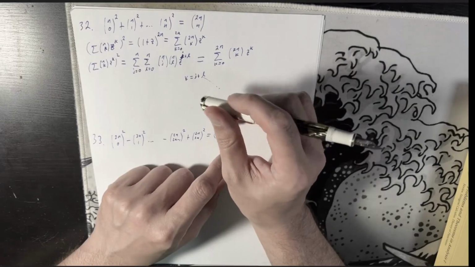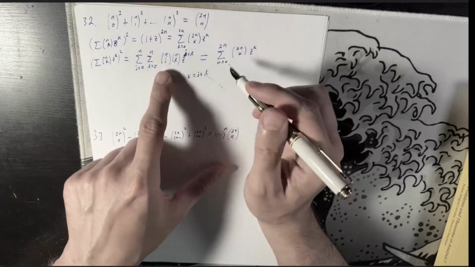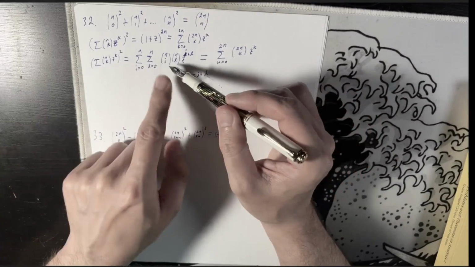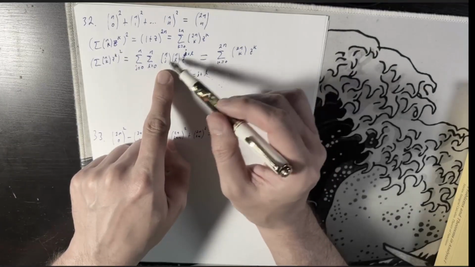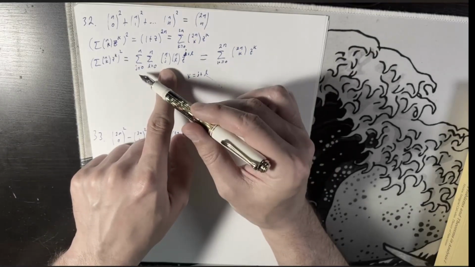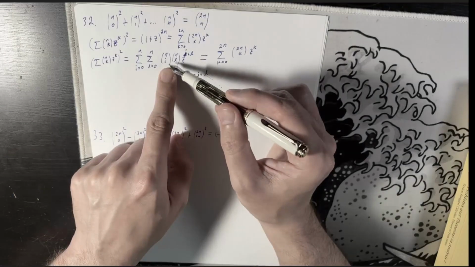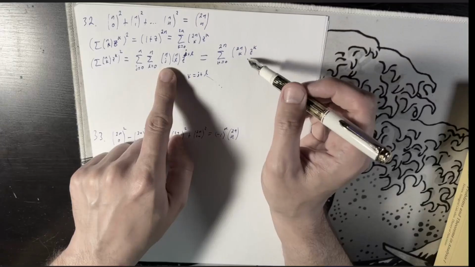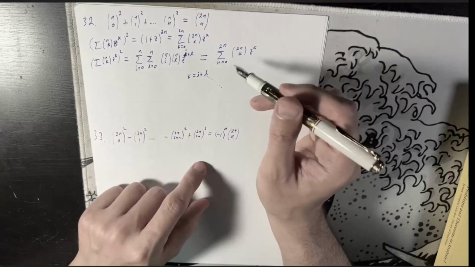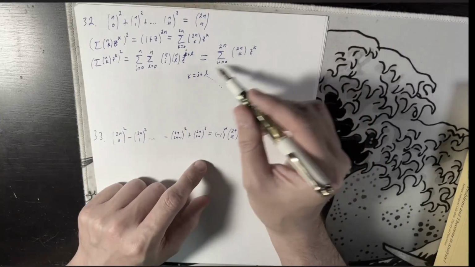yeah, this kind of bugs me, is I don't just get the one, I get like this times a whole sum of these. So there's like many terms where the j is some fixed number, and then this changes. And I guess I'm just ignoring them because I only want one. So let's not call it k.